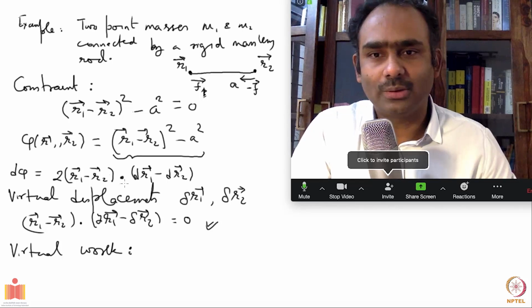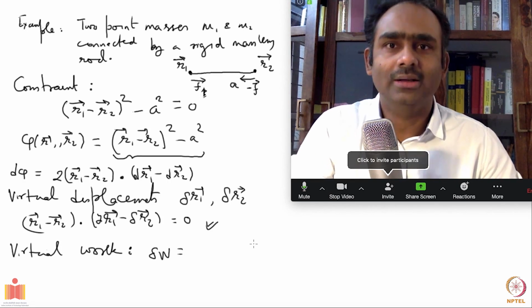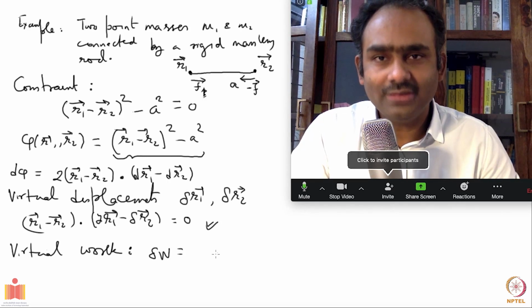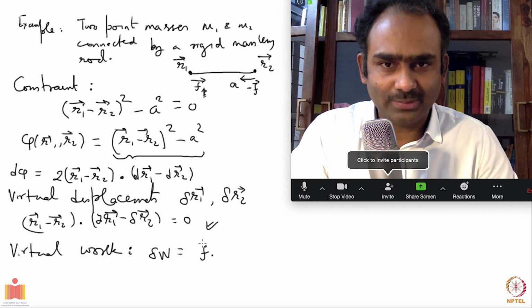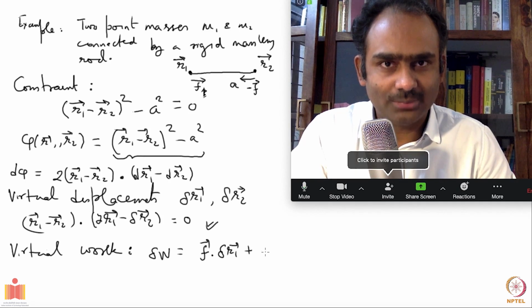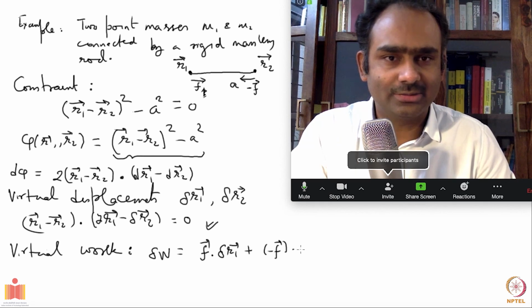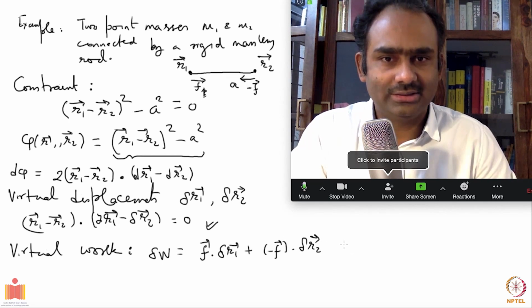And let's calculate the virtual work, delta W, or whatever you want to call it. So the force is F on R1, which is getting displaced by delta R1, plus the force on point 2, which is minus F, getting displaced by delta R2.